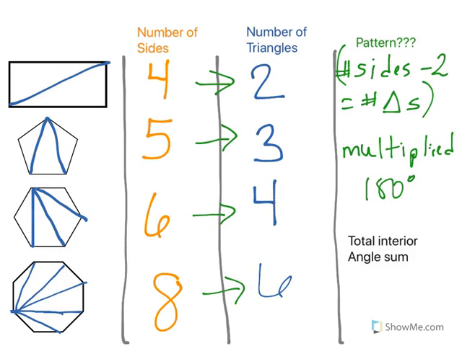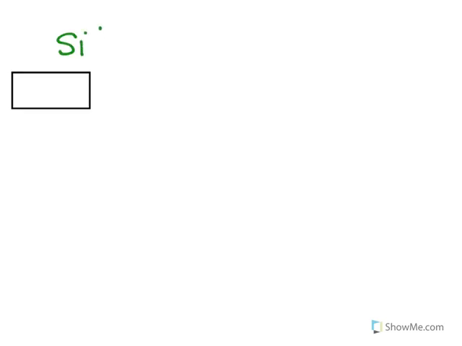So we're going to try applying that again. So starting with our rectangle, and we're going to look at what the formula might be for this. So remember we said sides minus 2 gave us the number of triangles.